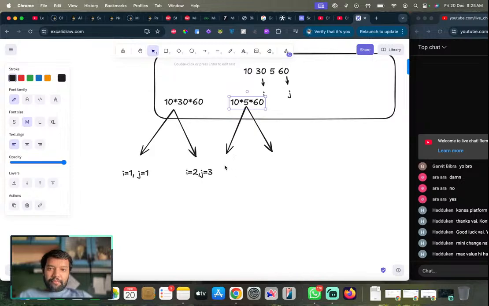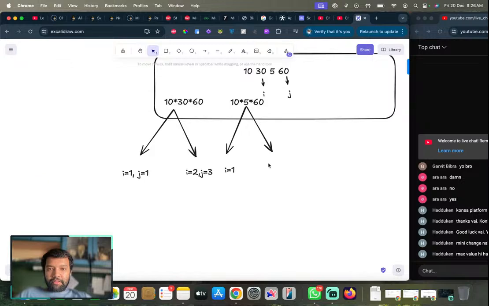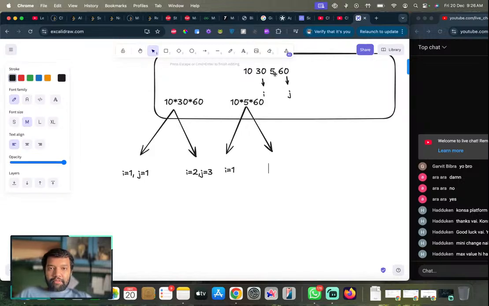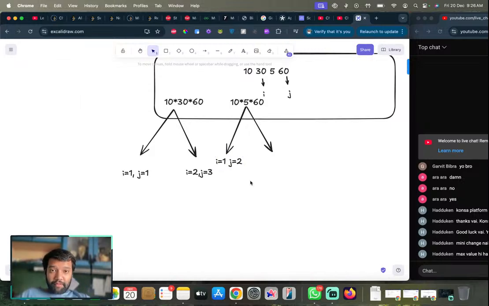Now i is equal to 1, j is equal to 2. This is the first partition, and 2.